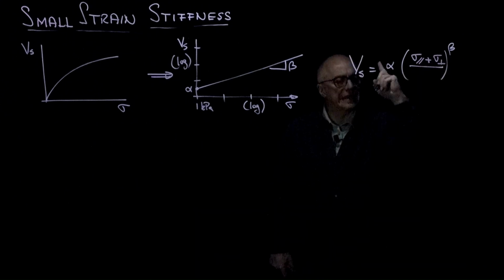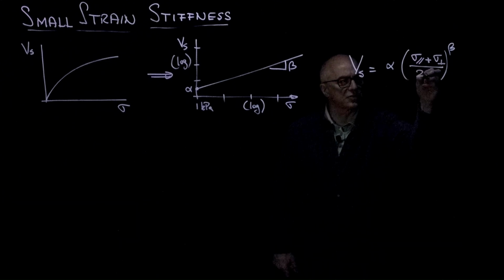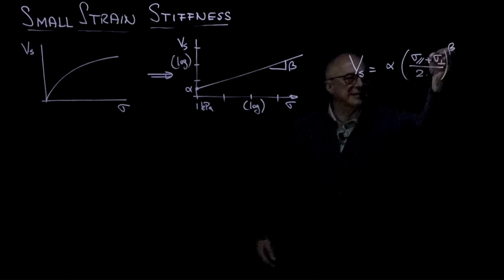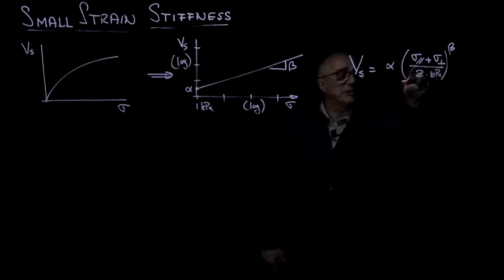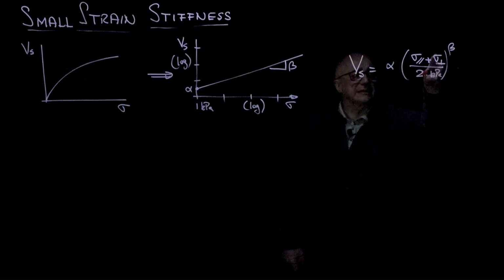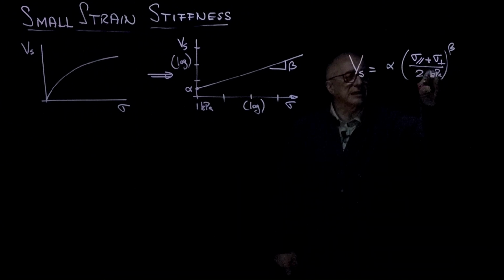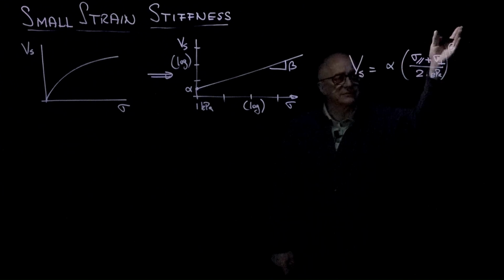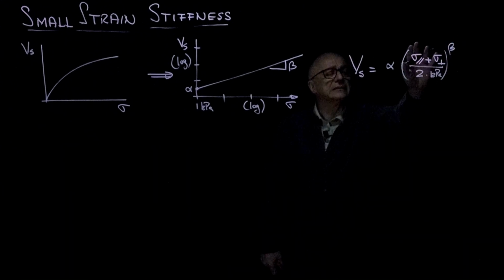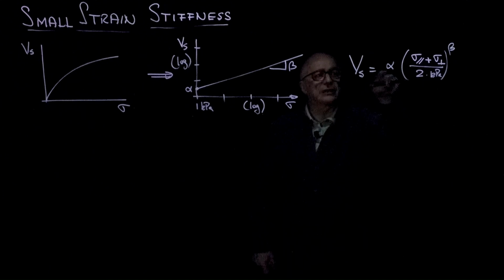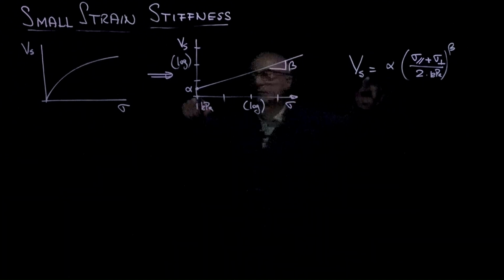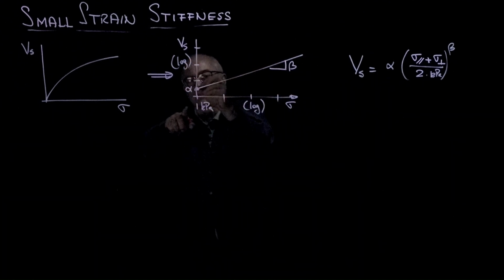Then the velocity is a function of the mean stress on the polarization plane, and we have to normalize in order to get the power, so this is in kPa. So when both stresses are 1, the mean stress is 1, and we can say that 1 kPa divided by 1 kPa is 1 to the beta, regardless of the beta. This is 1. Therefore, alpha is the shear wave velocity at 1 kPa, which is what we notice in this case.